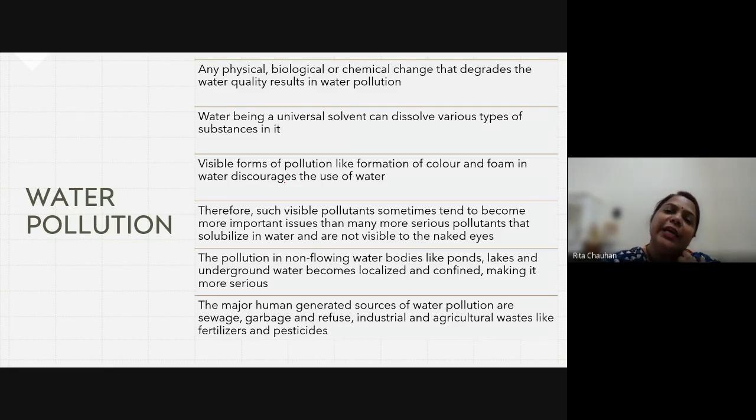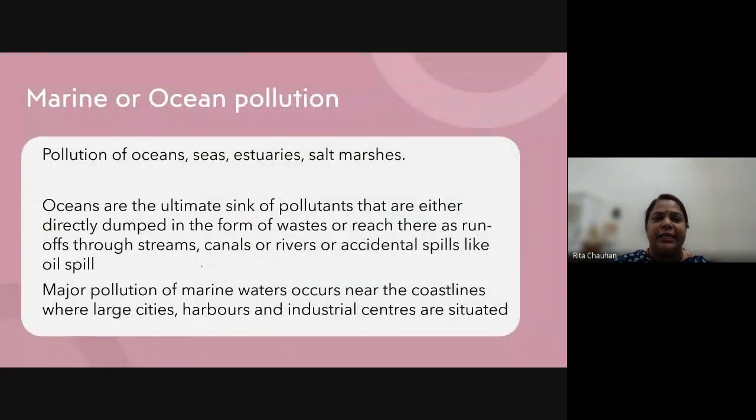So if it can dissolve anything, it can attract pollution also. That is the main issue. And water is very important for the living beings, for all of us. For all the living organisms, plants need water, we need water, animals need water. So water pollution can be through sewage, garbage, refuse, industrial or agriculture waste like fertilizers and pesticides.